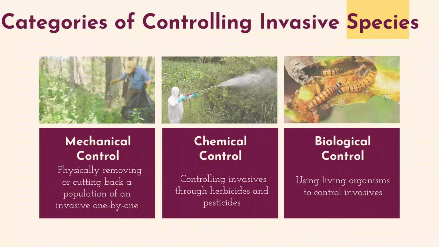Each of these types of methods has their own sets of positives and negatives, and different ones will be more effective on different species. In the end, an integrated strategy that draws on multiple methods from multiple categories is often found to be the most effective. Let's look at each of these categories in more detail and how and when they might be applied.